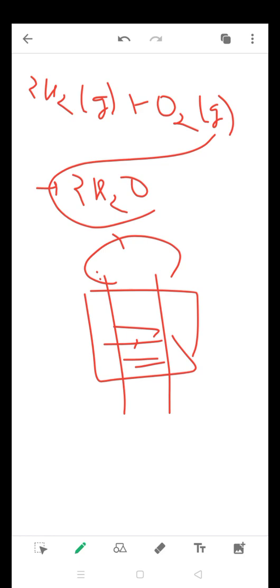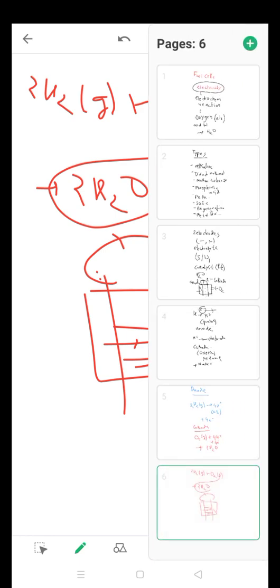Now coming to a little more detail of the other parameters involved.